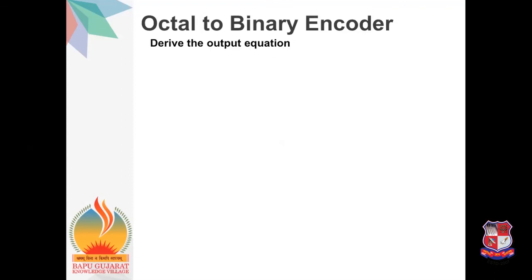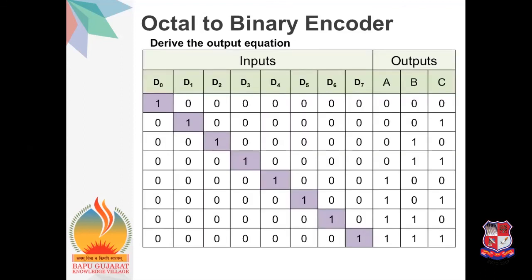So now derive the output equations. In the table, in the column of the A output, a total of 4 times 1s occur. Based on these 4 ones, we can write down the corresponding activated inputs.